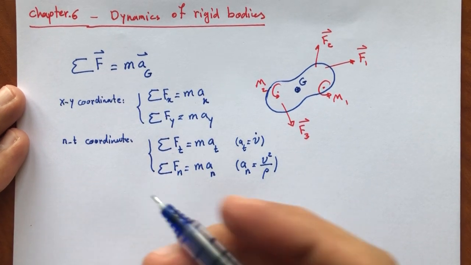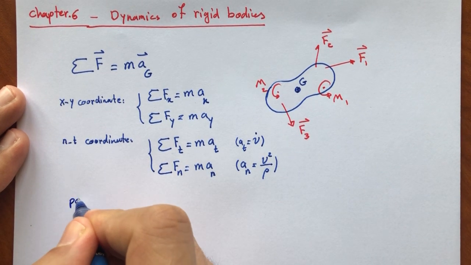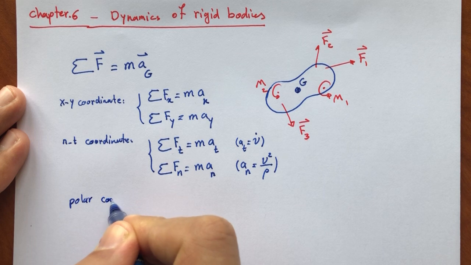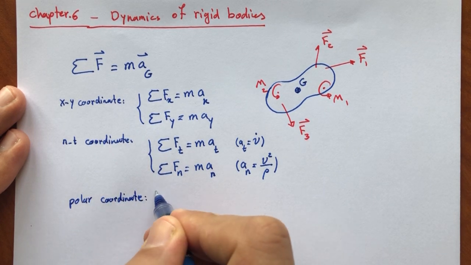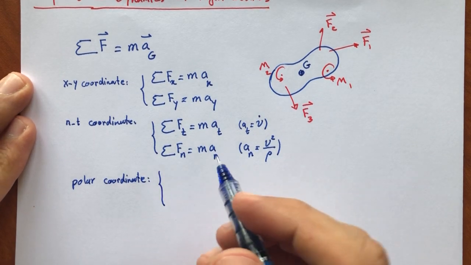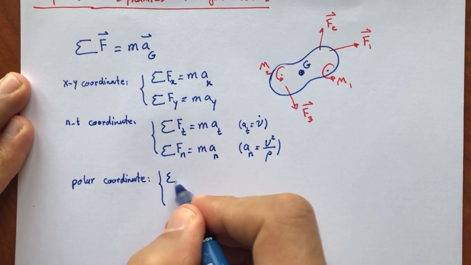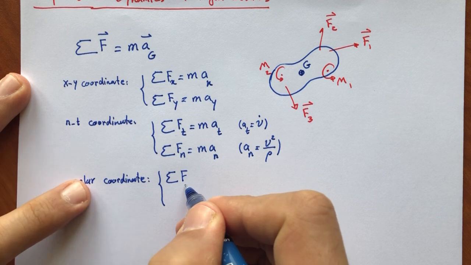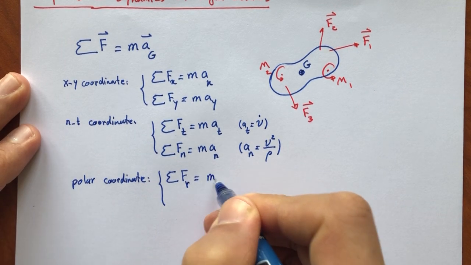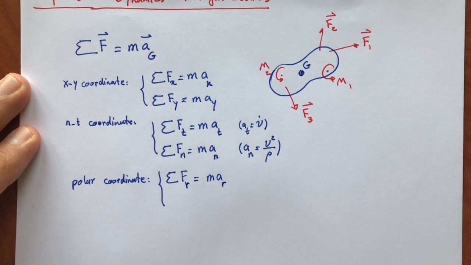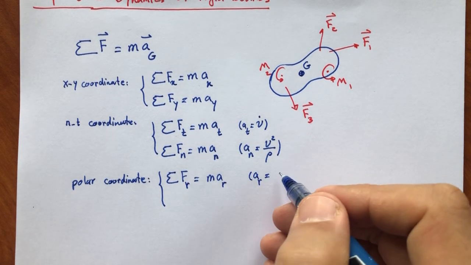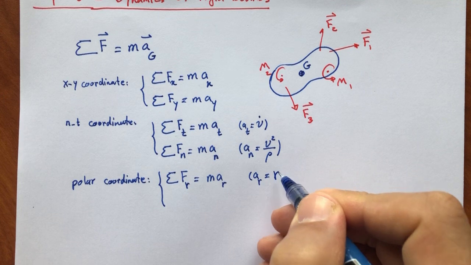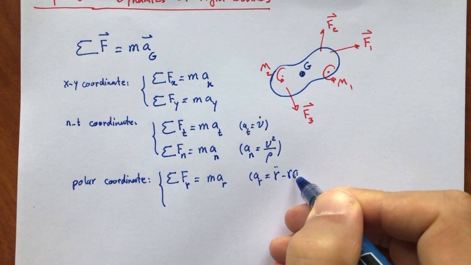And if you are using polar coordinates, you can write the Newton equation as sum of the forces in the radial direction is equal to mass times acceleration of the centroid in the radial direction. And again, to remind you, acceleration in the radial direction is r double dot minus r theta dot squared.